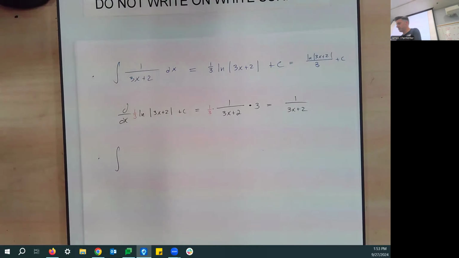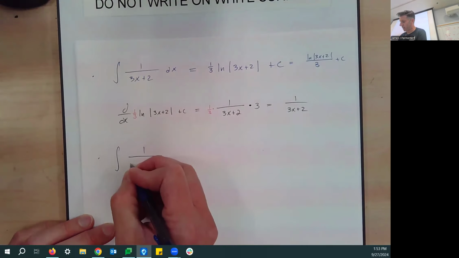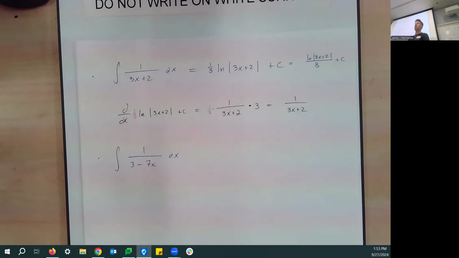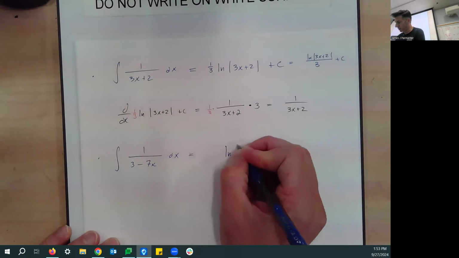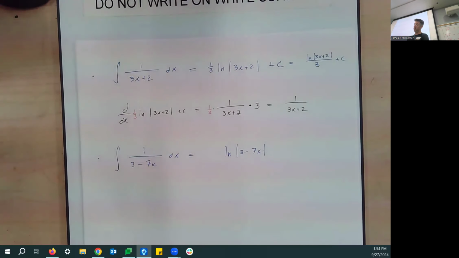So, in a similar way, if I was trying to find the antiderivative of 1 over, say, 3 minus 7x, same deal. It's going to be the natural log of the absolute value of 3 minus 7x, but then I have to divide by what?